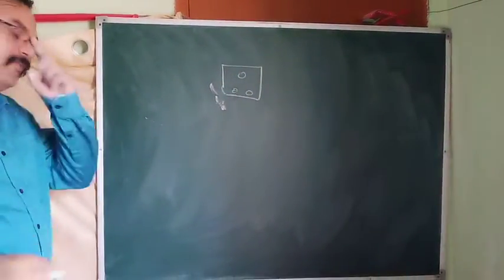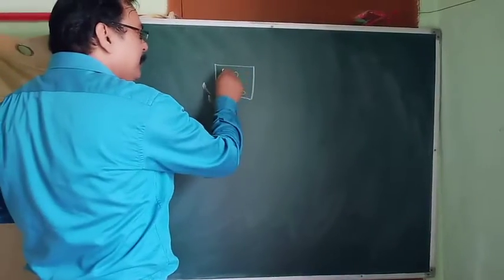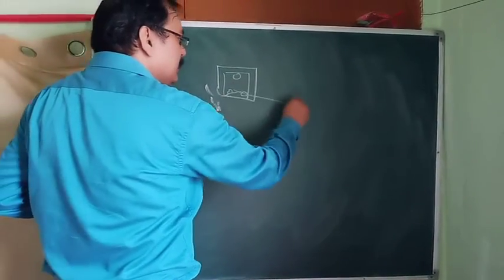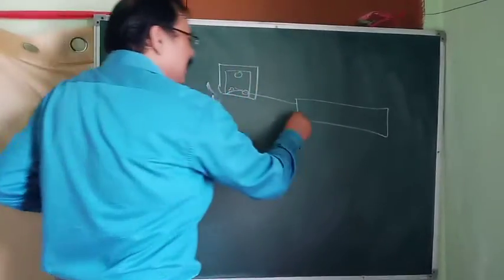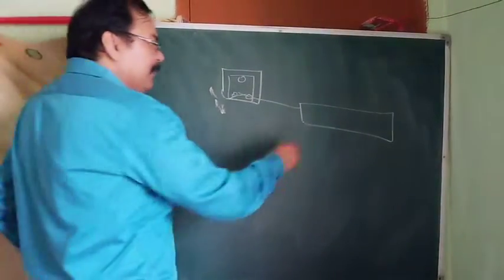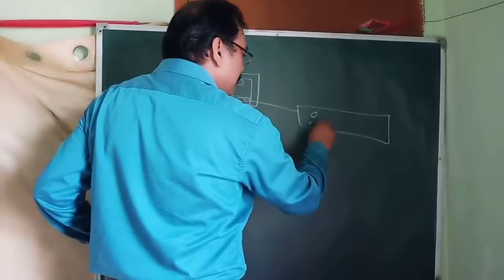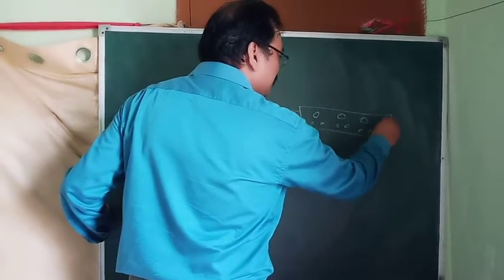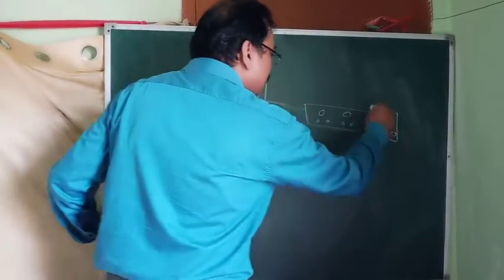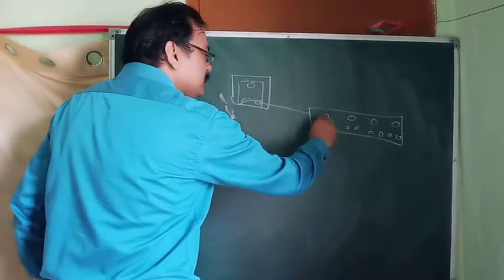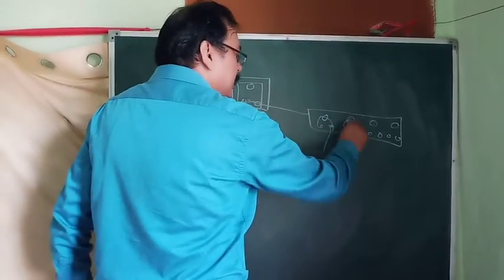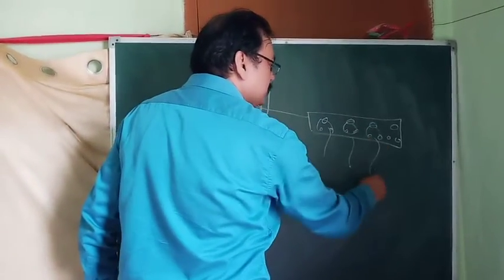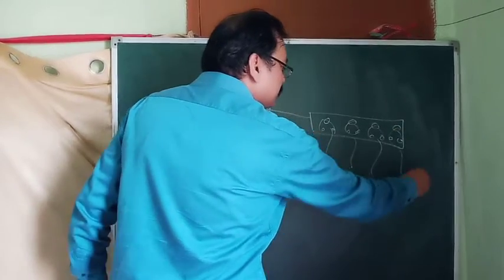What we do is use a 3-pin plug over it, which is connected to an extension, and this extension has lots of plug points, and we connect lots of devices to this. We connect a charger, suppose we connect a cooler, a fridge, a TV.